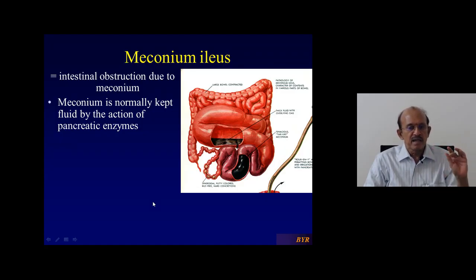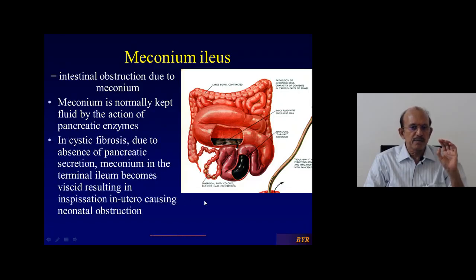Their secretion leads to digestion of this meconium, and it is kept in a fluid or semi-fluid state. In cystic fibrosis of the pancreas, there will be absence of exocrine secretion of the pancreas. The meconium in the terminal ileum becomes viscid, resulting in inspissation in utero, causing neonatal obstruction.